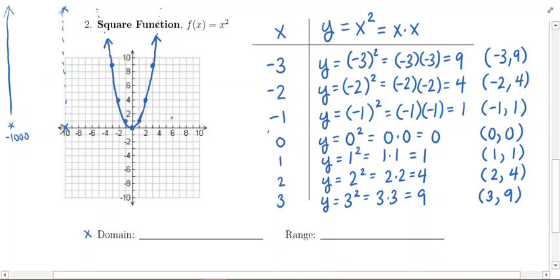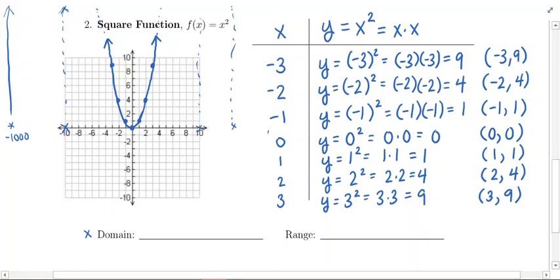So basically, the graph is covering the negative x-axis. Same thing if you look at the positive x-axis. If you're at x equals 10, it will have a y value just way up here off the picture. If x equals 1,000, the y value is way, way far up. So the graph is covering the positive x-axis.